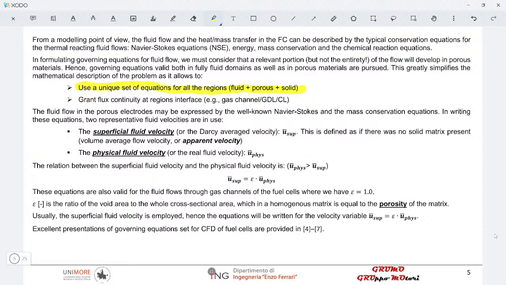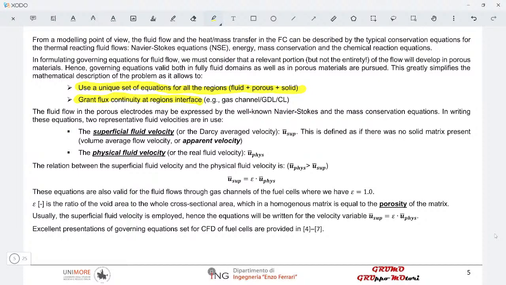So we will have an energy transport equation that will be applied to the fluid domain, the porous parts, the solid part, bipolar plate, the solid part, membrane, to all of this.